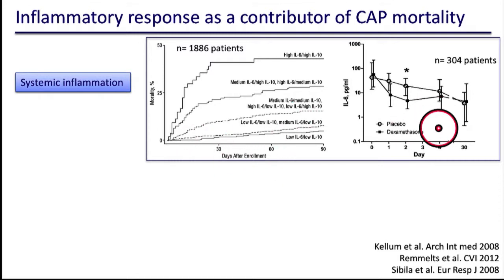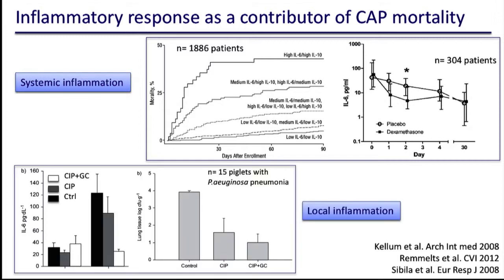And what is interesting is that using corticosteroids, some studies have shown that you can decrease the cytokine levels in CAP patients. It is also true with local inflammation. Here it is a model of piglets with Pseudomonas aeruginosa pneumonia, and adding steroids to the antimicrobials can decrease the cytokine levels in these piglets.